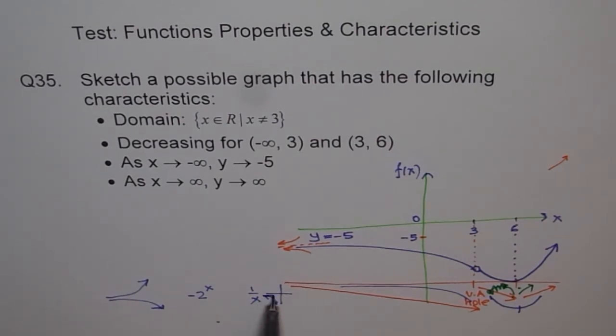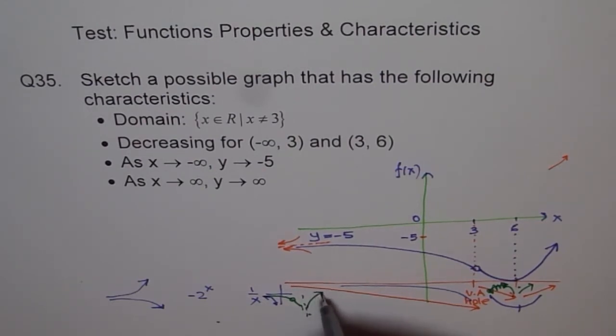I could have drawn 1 over x like this, hole at 3, and I could go on with a vertical asymptote at 6. Do you see that? So it will be decreasing up to 6 like this, right? And then from here I could do a square root function, with a hole at 6. Do you understand? We could do that also. That will also work. Okay? Thank you.